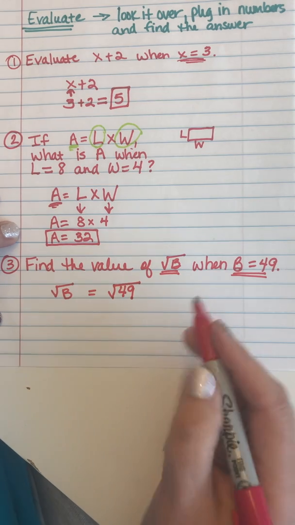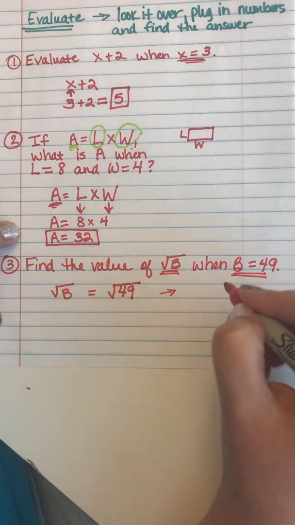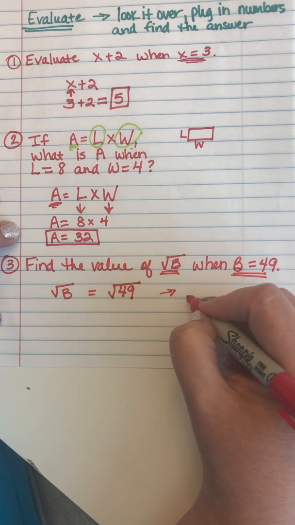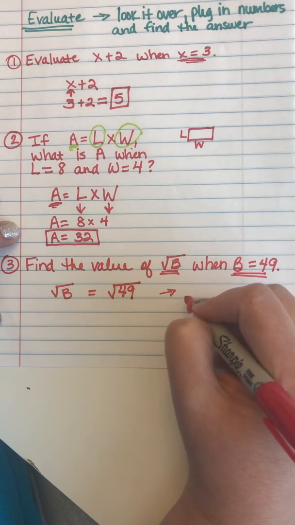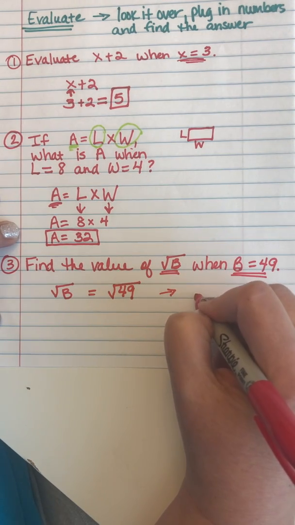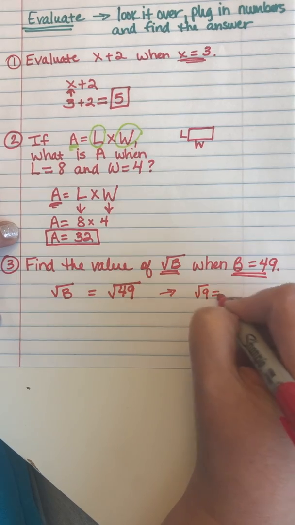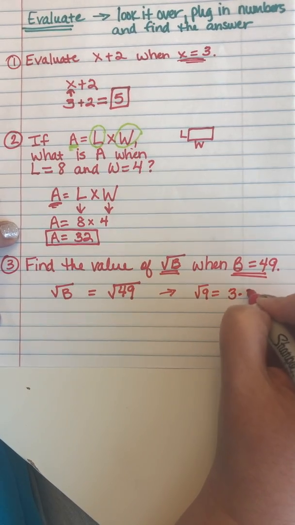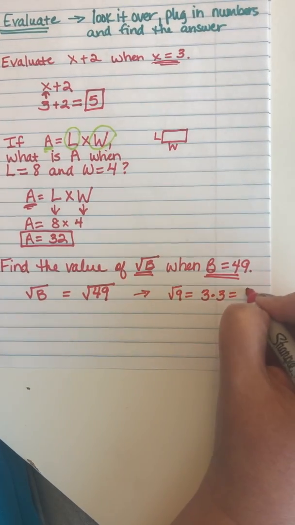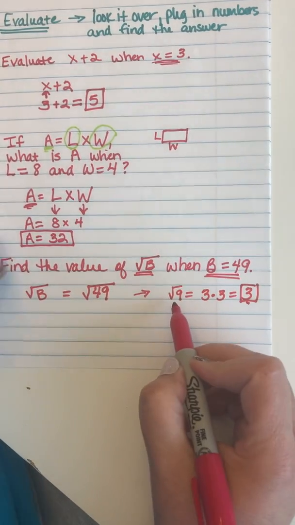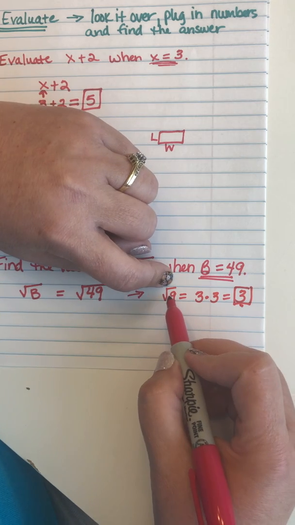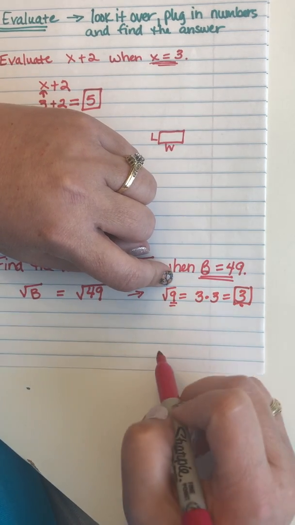Let's do a quick review off to the side. The square root of a number is a number that, multiplied by itself, gives us this number. For example, the square root of 9 would be 3 times 3, so the square root of 9 is 3. It's asking what number multiplied by itself gives you 9.